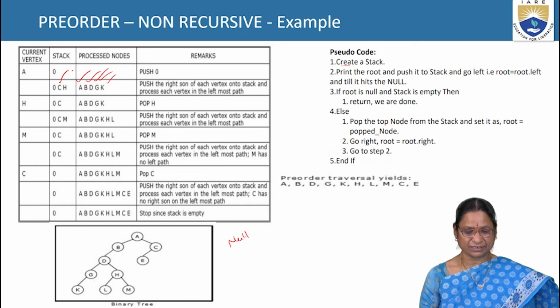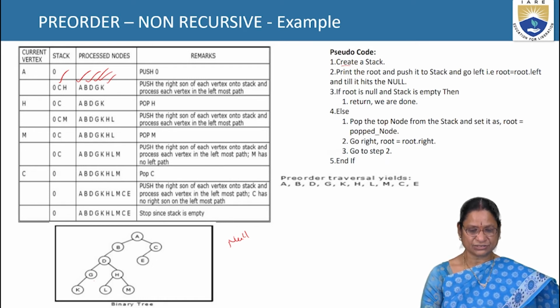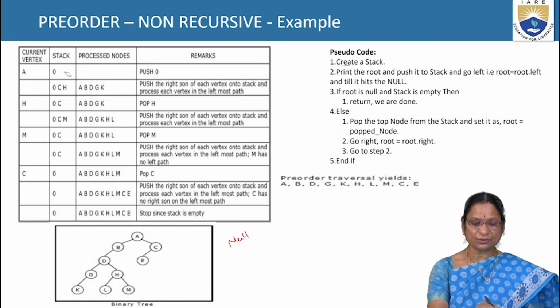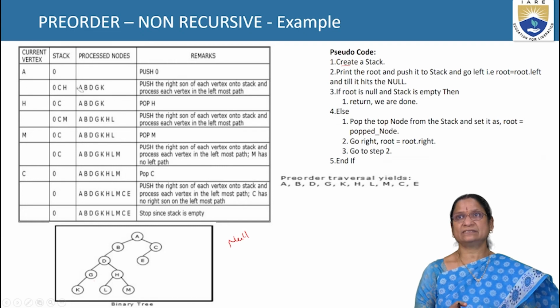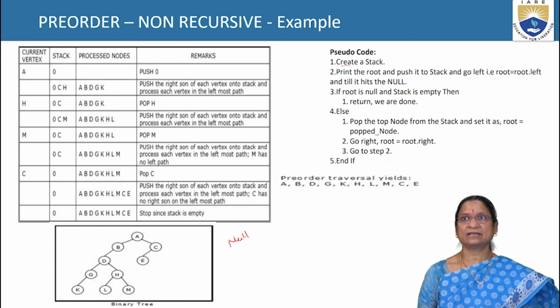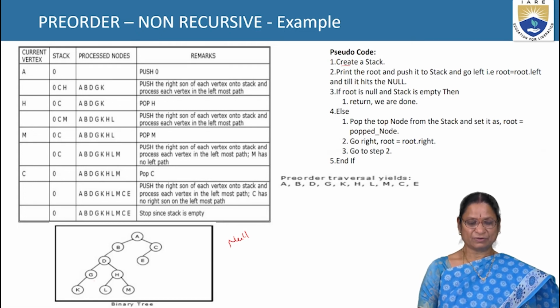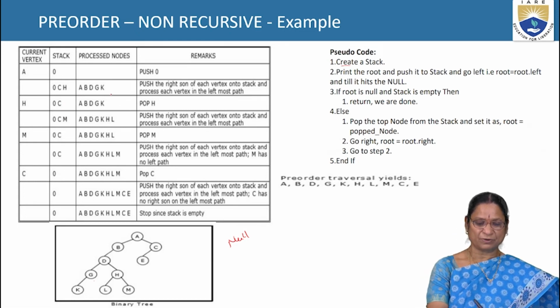Left child is printed. Again D has a right child, H, which was pushed. For the remaining G and K, no right child is there, so we didn't push. So what we are doing: if any left child is there, we print it and update our root with its left child. Any right child that occurs, we push into the stack.